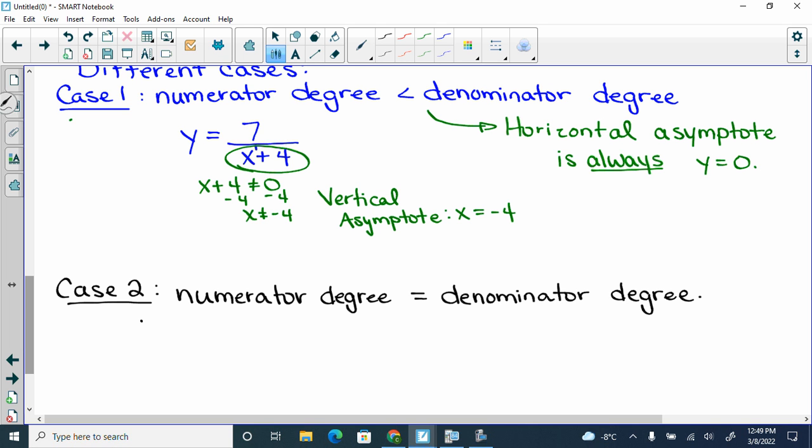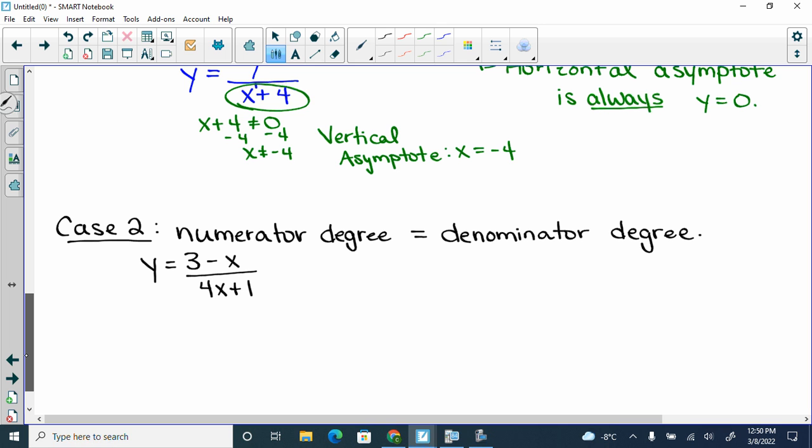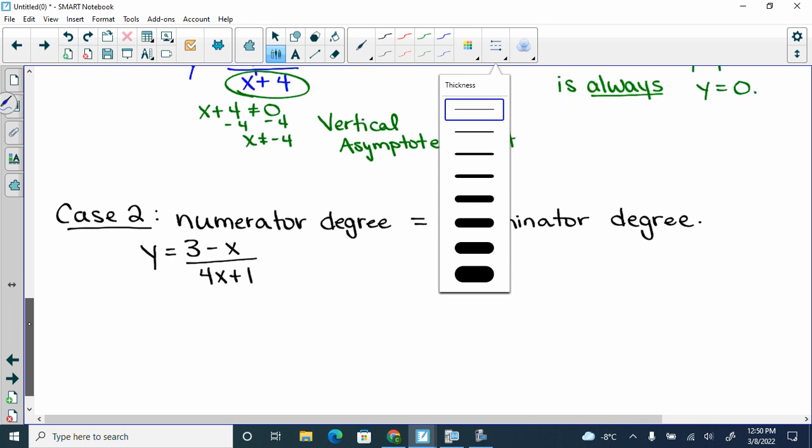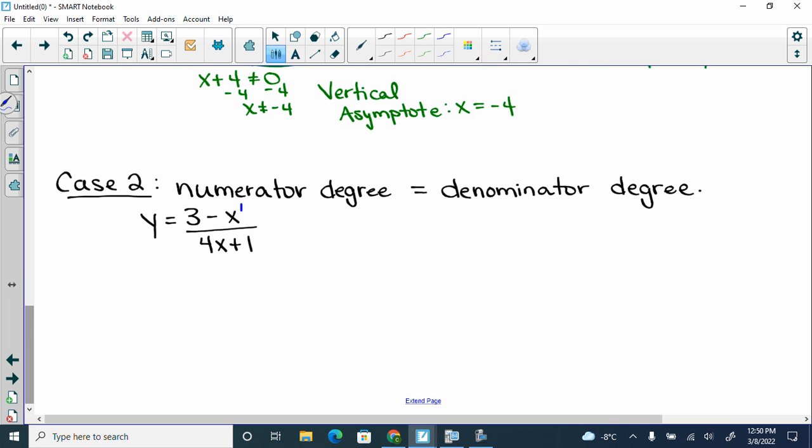So an example could be like y equals 3 minus x over 4x plus 1. What's the largest exponent in the numerator? 1. What's the largest exponent in the denominator? 1. So both of these are degree 1, even though they're out of order, right? They're degree 1. Does everyone agree with that statement?